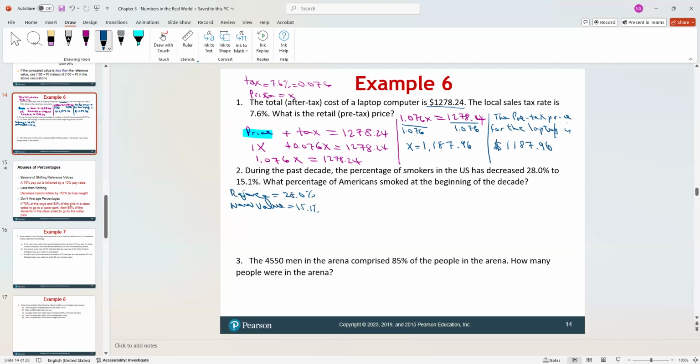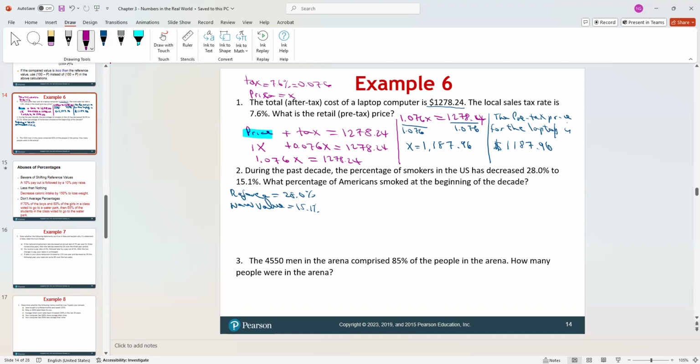What percentage of Americans smoked at the beginning of the decade?